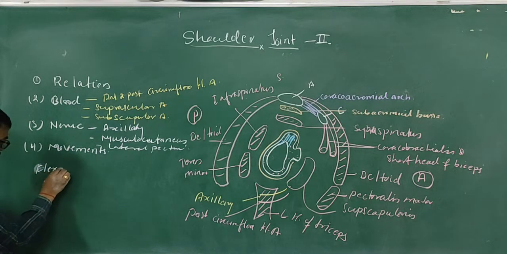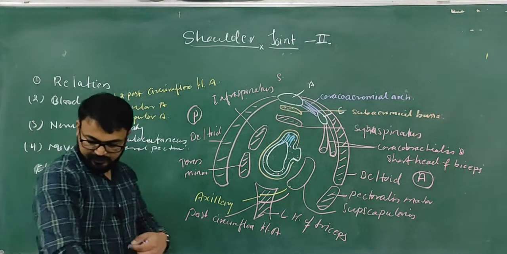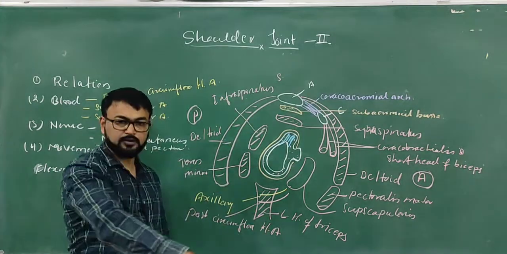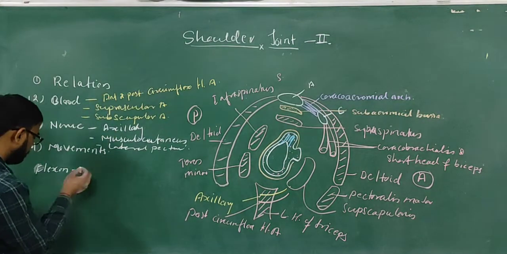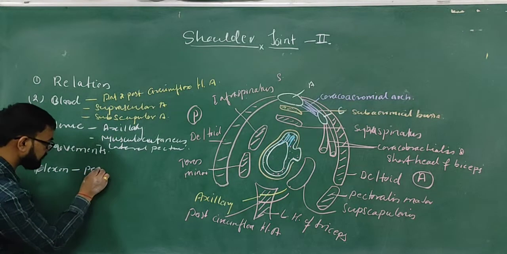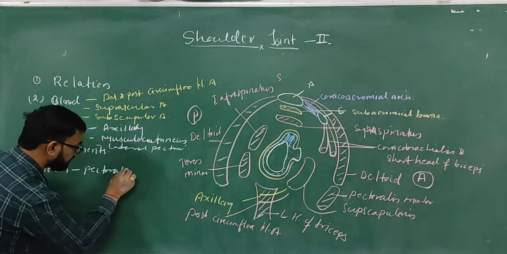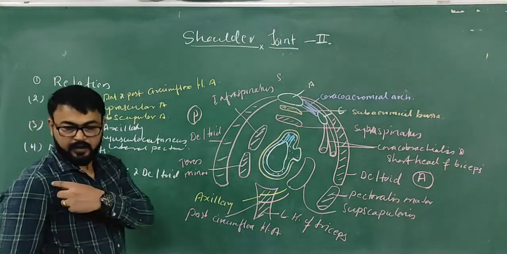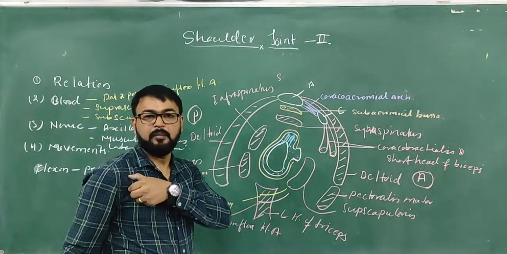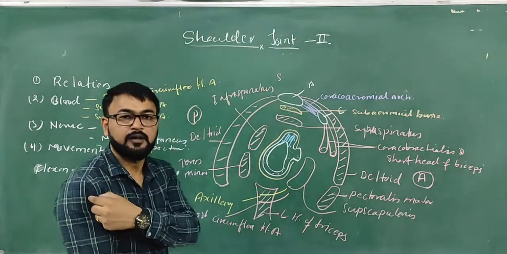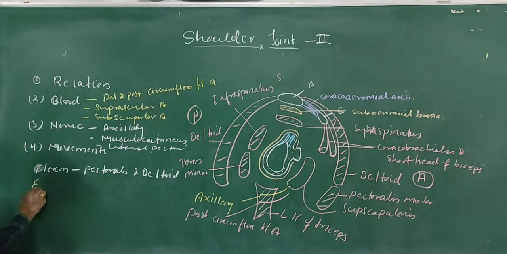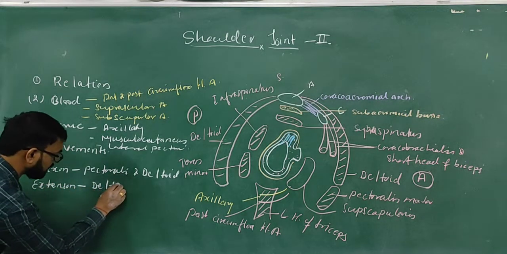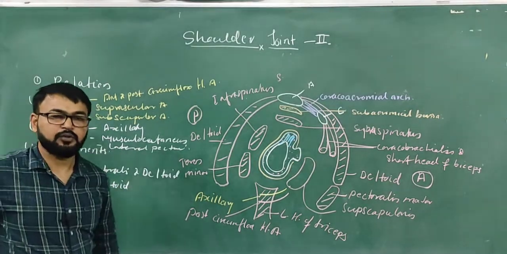Now the movements. Flexion of the shoulder joint is by the pectoralis major and deltoid: the anterior fibers of the pectoralis major and the anterior fibers of the deltoid.